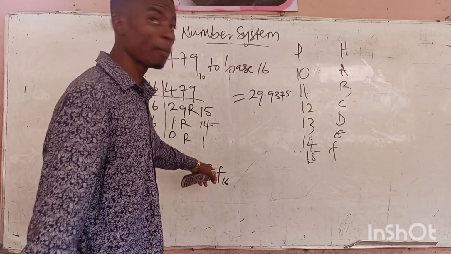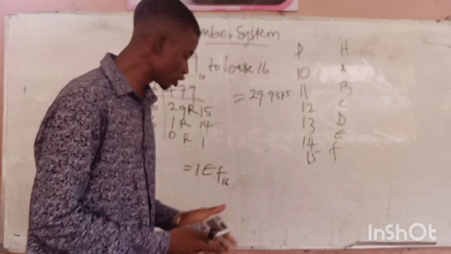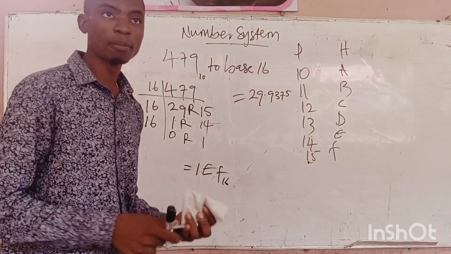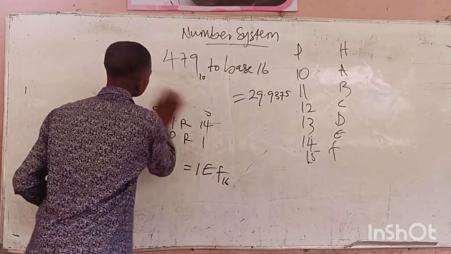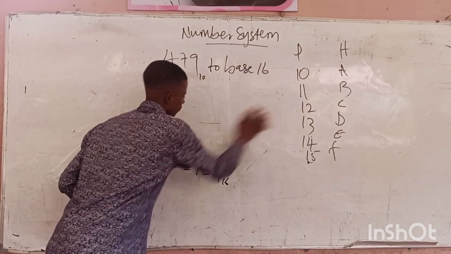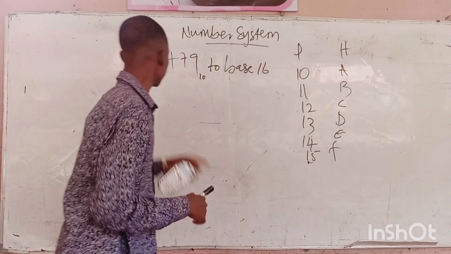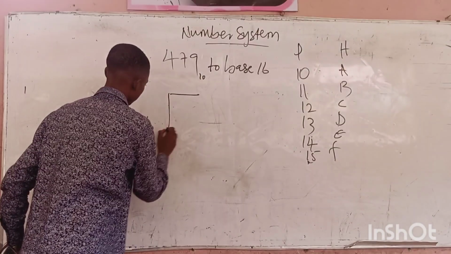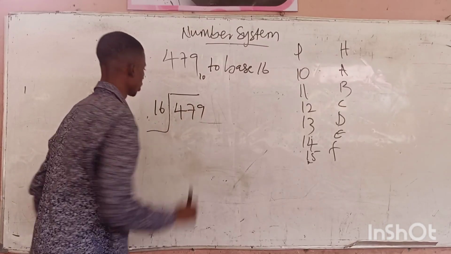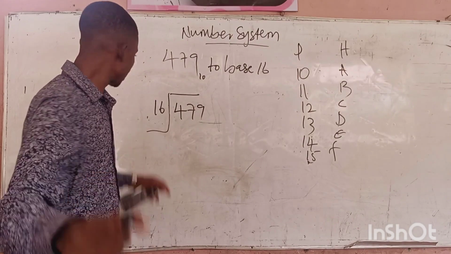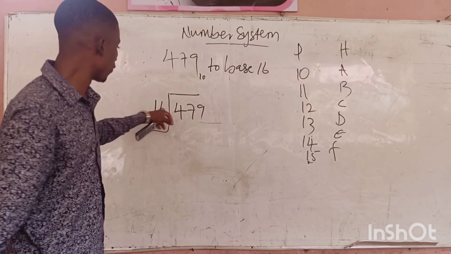But assuming in this number we don't want to use a calculator, you can actually do it manually using long division. In that case, if we want to use long division, we have 16 into 479. We start with 47 divided by 16.